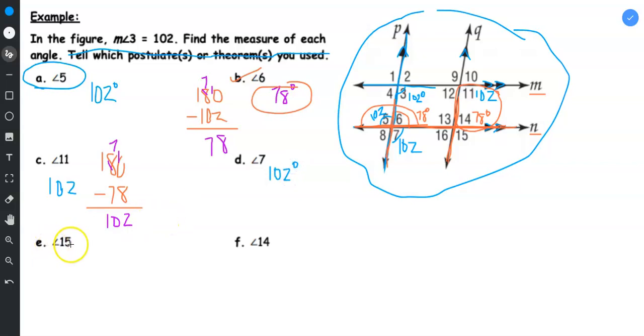All right, angle 15 corresponds to angle 11, so it also equals 102. So angle 15 is 102 degrees. And then angle 14, guess what? Look, we already figured out angle 14, and that is 78 degrees. So we just finished this problem, or this example.